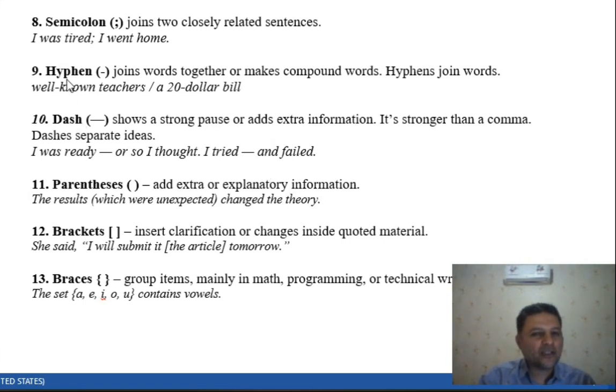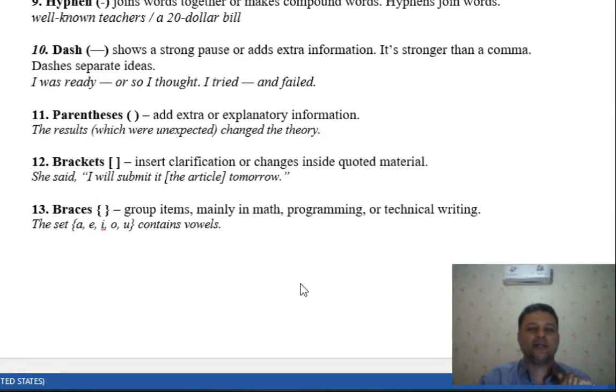What is the difference between hyphens and dashes? Once again, hyphens join words, but dashes separate ideas, not words. Okay? Don't forget this. It's kind of confusing, but if you think about it more deeply, you'll understand what I talk about. Well, and parentheses. In American English, we call it a pair of parentheses, but in British English, a pair of brackets.